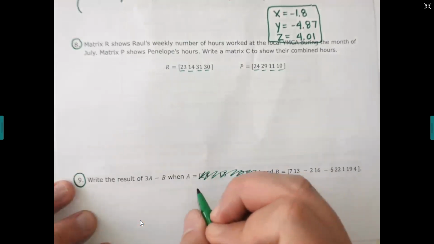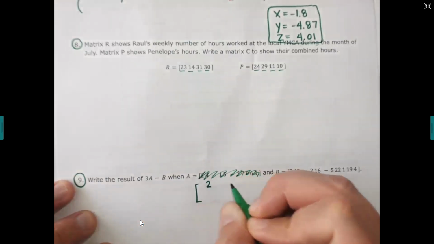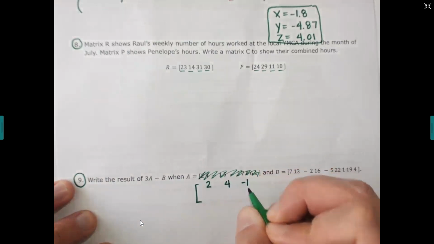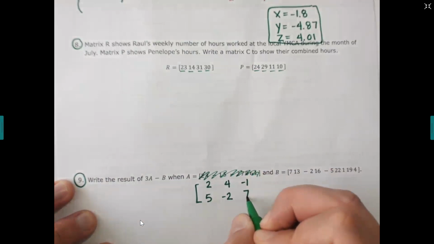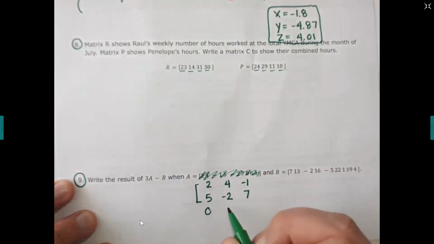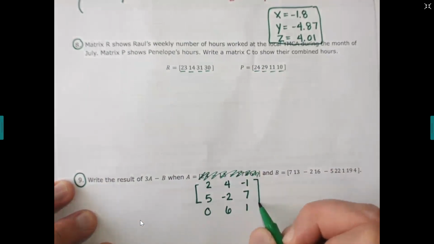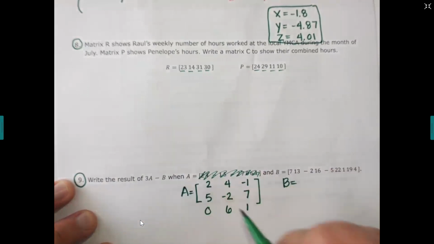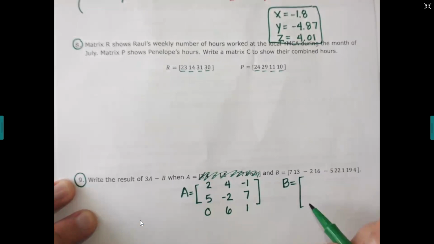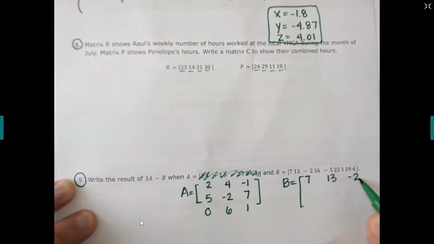It should be 2, 4, -1, 5, -2, 7, 0, 6, 1. And then B should be 7, 13, -2, 2, -5, 22, 1.